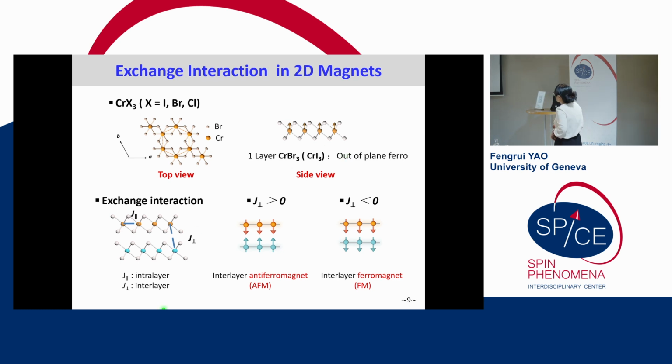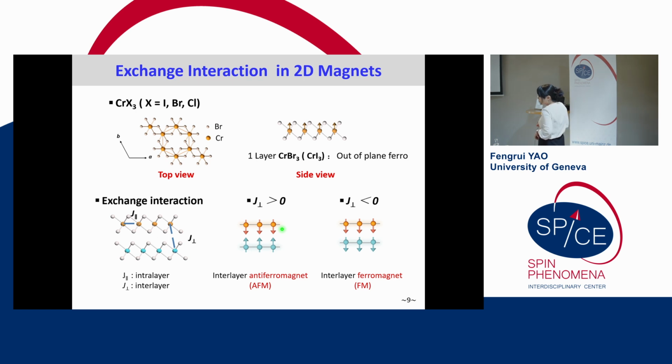Like I said before, for the multilayers it can be antiferromagnetic or ferromagnetic based on the sign of the interlayer exchange interaction. One can easily imagine that, since this interlayer exchange interaction is strongly determined by the atomic distance, it can be ferromagnetic or antiferromagnetic.